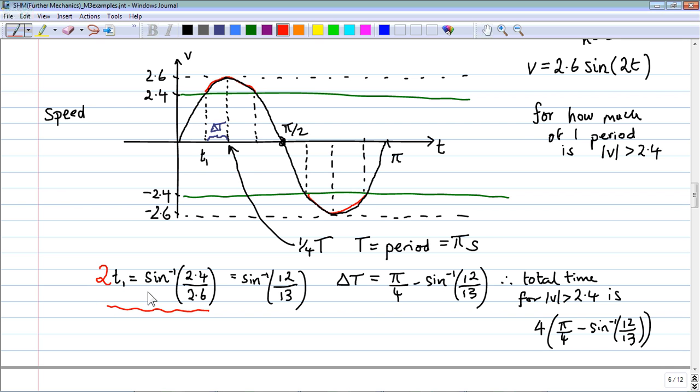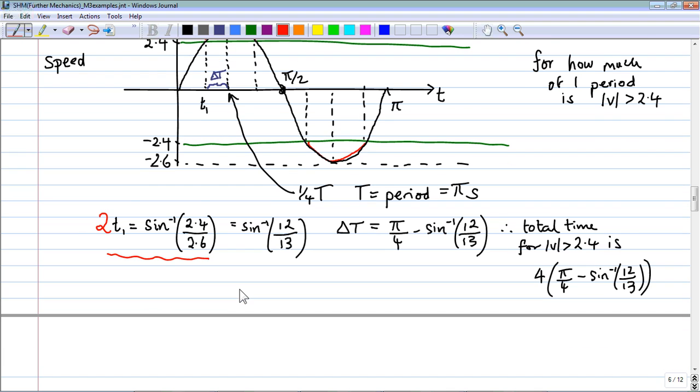Now, maybe you weren't sure why I wrote this anyway, but if you did see my mistake, then well done. My mistake was that we're using this equation to find the value of T1. So if V is 2.4, we're writing 2.4 equals 2.6 sine 2 T1. So that gives T1 is actually 1/2 of inverse sine 12 over 13.